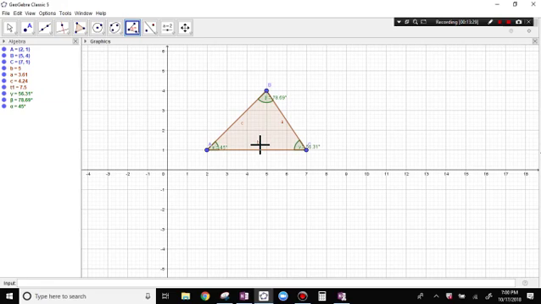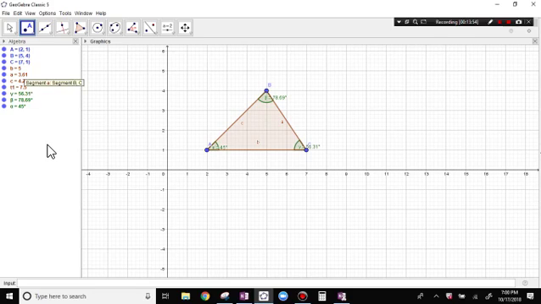So there are going to be some conditions under which we won't have a triangle, in which a triangle won't be possible to do. Let's see what those conditions are. When I look at this, I'm just going to grab this point. So what is this side now? This side is 3.61.